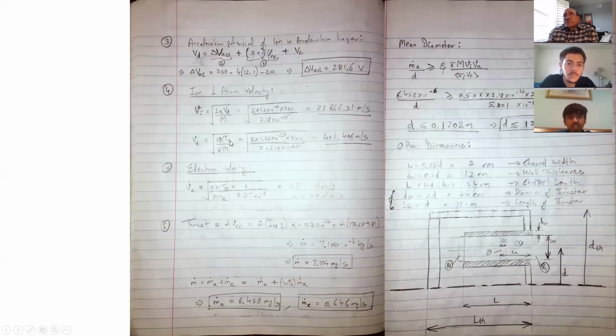Because now we need the atom temperature for the atom velocity, and if you see point number 5, which is electron velocity, it's again 8kT over pi m. So this is where we plug in the atom mass, atom temperature, and electron mass and electron temperature. The idea here is that the electrons are in a collisional regime, so they collide with each other because they're confined to the magnetic field.